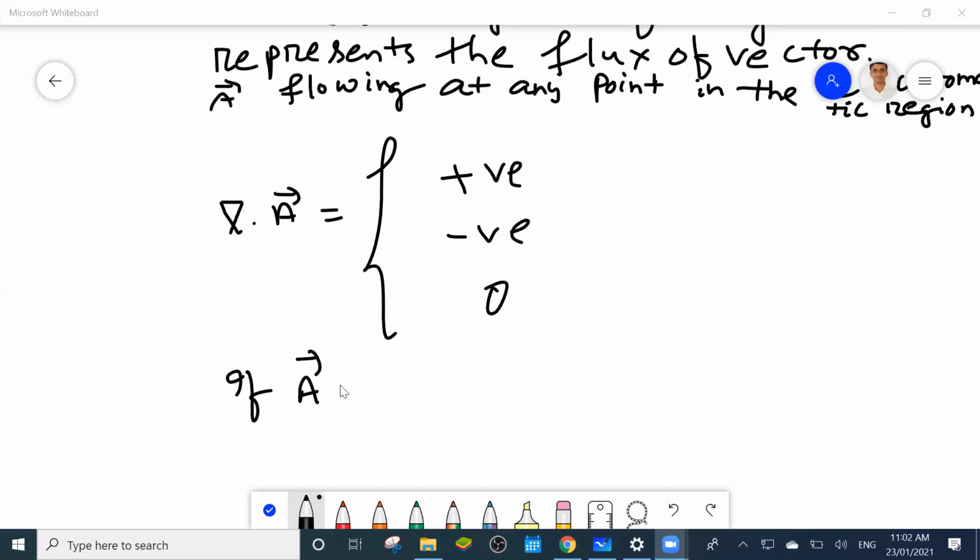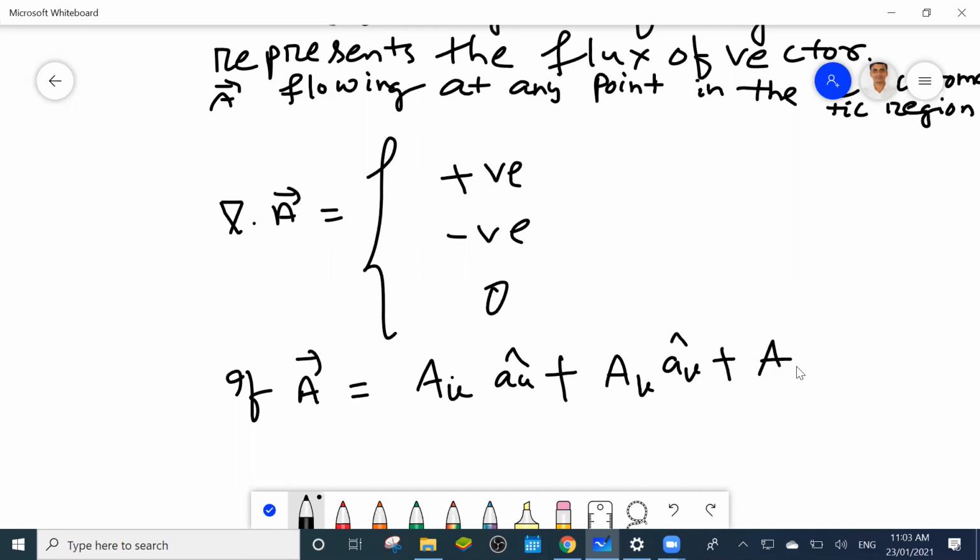If in general notation vector A, suppose I write it in general UV form, with coefficients AU, AV, AW and unit vectors: A equals AU u-cap plus AV v-cap plus AW w-cap. This divergence I can write in three coordinate systems: rectangular, cylindrical, and spherical.